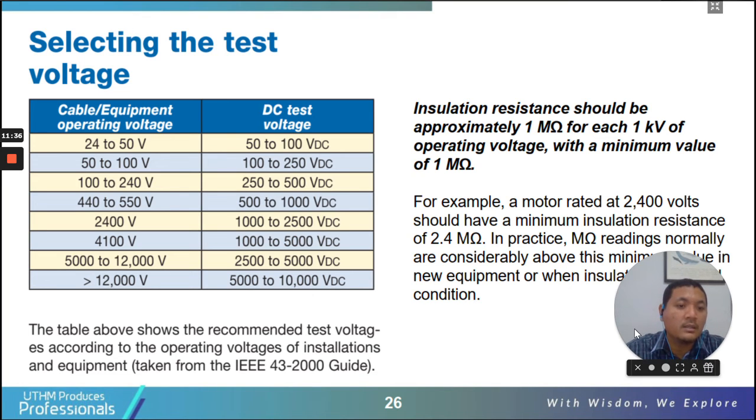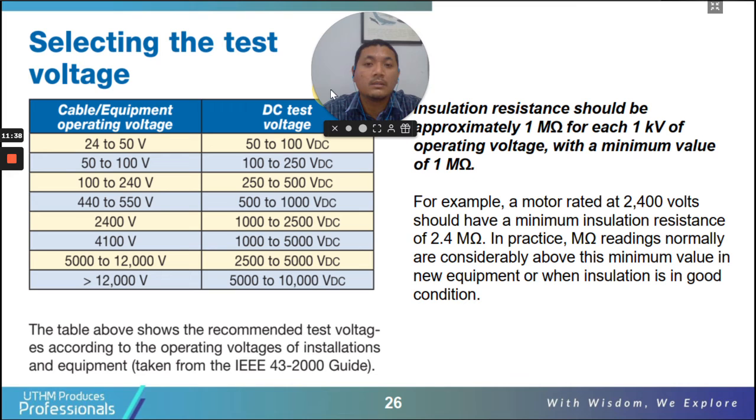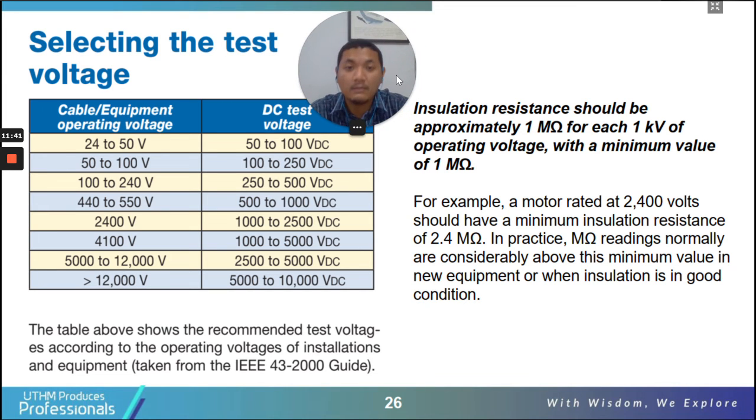And then what is the acceptable value of the IR test? Basically, if you look here, the insulation resistance of the test object should be approximately 1 mega ohm for each 1 kV of operating voltage, with a minimum value of 1 mega ohm. So 1 mega ohm and above, that is a must. If it's 1 kV, it must be 1 mega ohm.